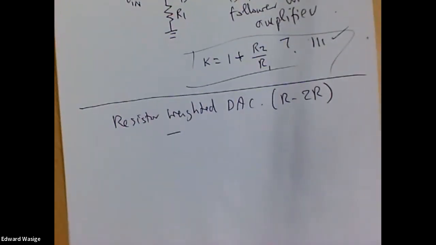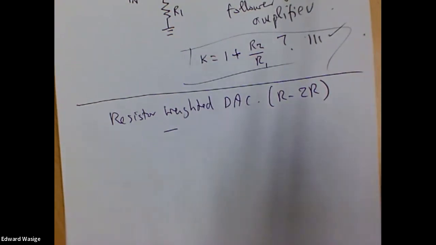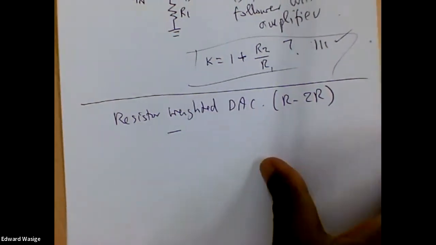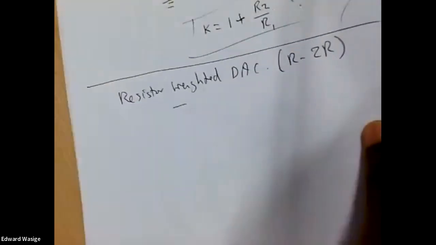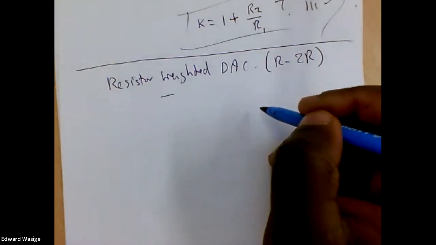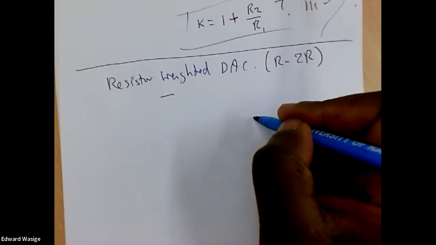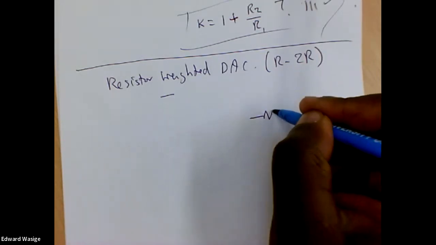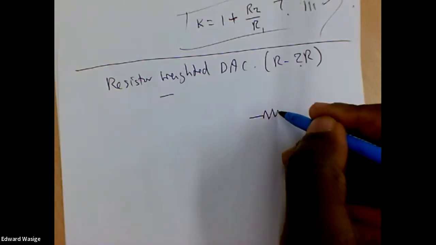This resistor weighted DAC, we'll just do it and then we can compare and contrast it with the first one. It actually develops directly from what we've looked at, the summing amplifier, but it's based on a very simple concept, which is written in the name.